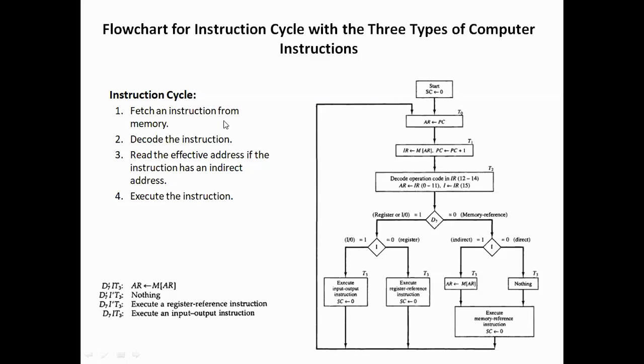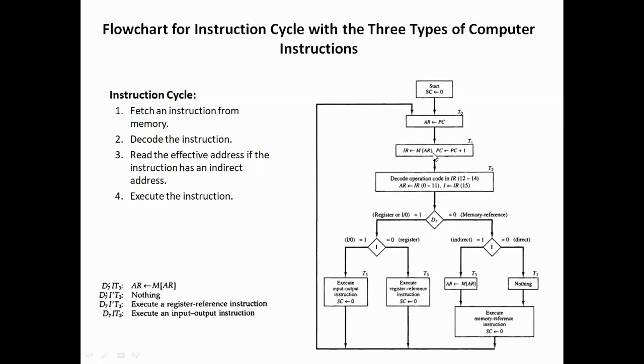Then we will read from this address in memory. At this address in memory there will be the instruction, so we will read that. This is reading from memory. When we read an instruction, we know that it is stored in IR, that is instruction register.